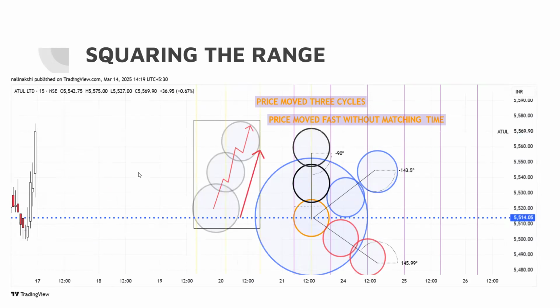Squaring the range. I'm coming to squaring the range. Here, the price moved only in 2 time cycles, 1 and 2. And these 3 cycles of price movement fitted within the 2 time cycles. That means it is fast.